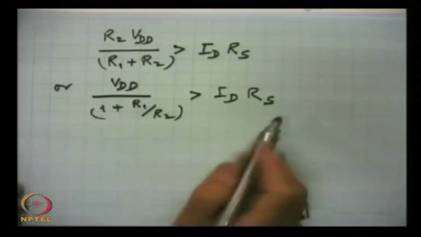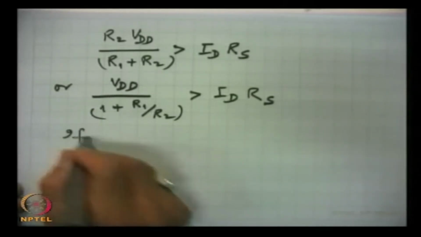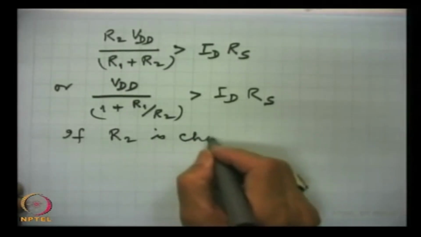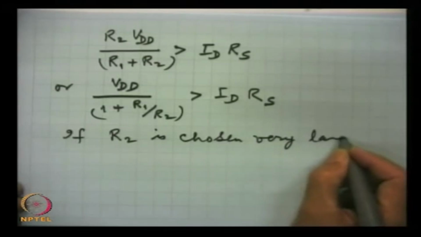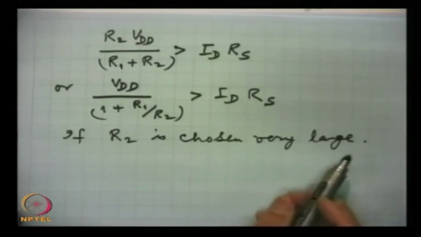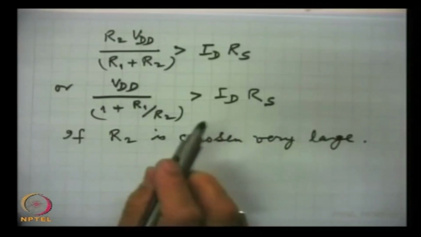This inequality can be satisfied obviously if R2 is chosen very large. If R2 is chosen very large, then this inequality can be easily satisfied.